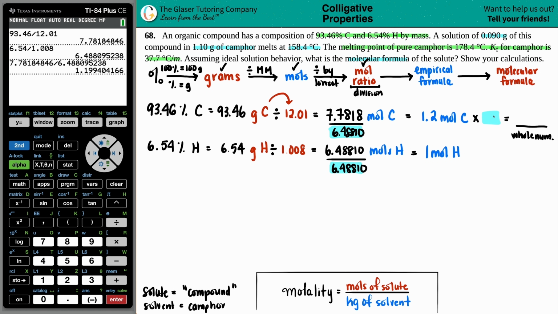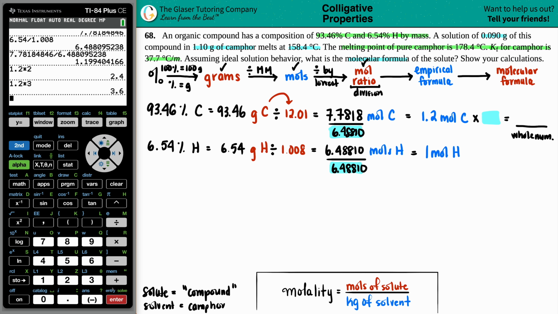So 1.2 times 1 would just be 1.2. So I'm not going to start there, but maybe times by 2, right? So let's see, 1.2 times 2. Will that get me a whole number? Nope. So I just keep going up. 1.2 times 3. No, 3.6. 1.2 times 4. 4.8. 1.2 times 5. There you go.